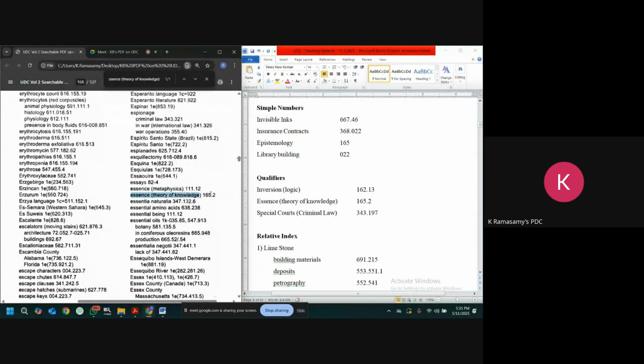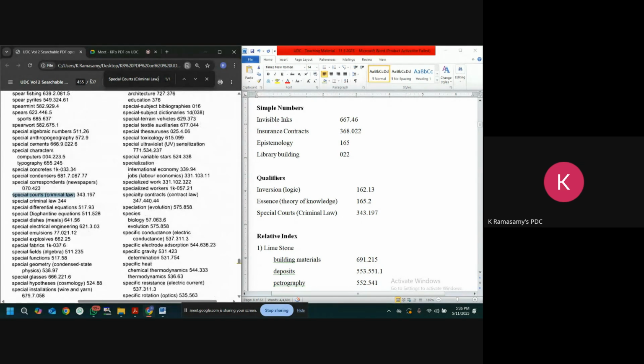So I take this number 165.2. I don't take 111.12. These kinds of terms given within the circular brackets help us pinpoint answers. That's called qualifiers. Let me try one more thing called special codes, which are meant for criminal law. We want to get a number for special codes, which are exclusively designed for handling criminal law cases.